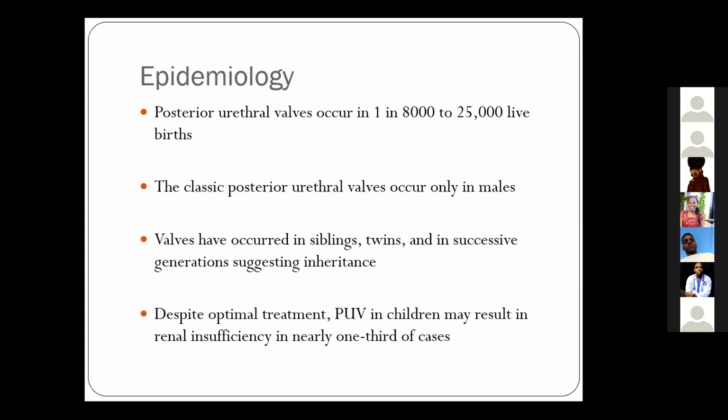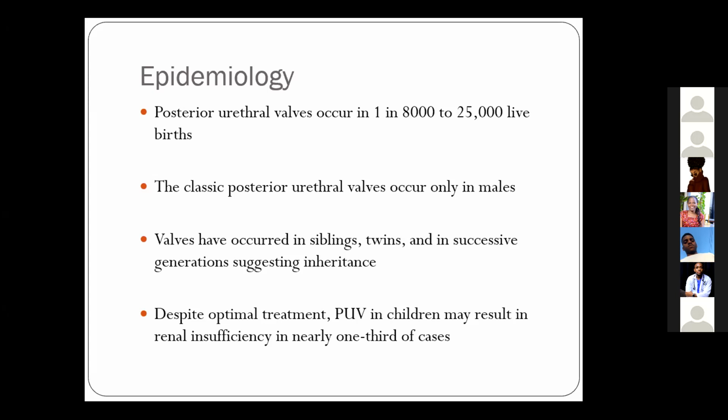But there are some siblings and twins that have shown posterior urethral valves. And this last bullet is very important: despite optimal treatment, posterior urethral valves in children may result in renal insufficiency in nearly 1/3 of cases.